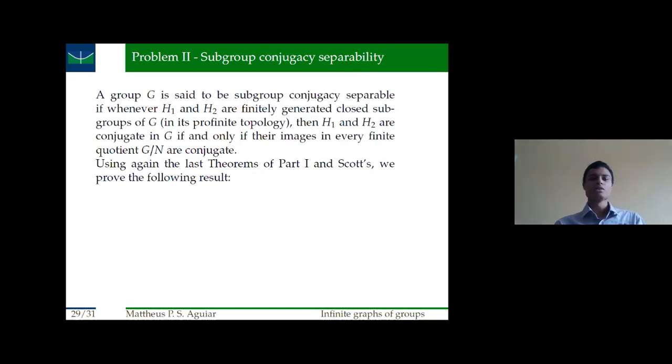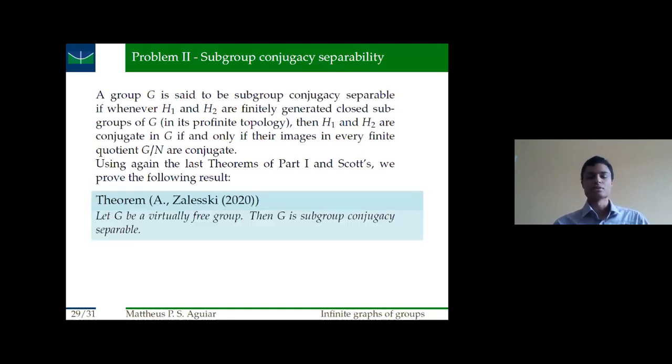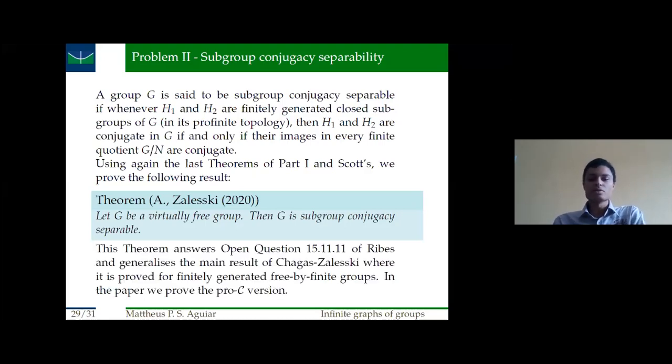So again, using the last theorems of part 1 and the theorem by Scott, we have proved the following result. Let G be a virtually free group, then G is subgroup conjugacy separable. So this theorem answers open question 15.11.11 of the same book of Ribes and generalizes the main result of Chagas and Zalesski, where it is proved for the finitely generated free-by-finite groups. In the paper, we proved the pro-C version.